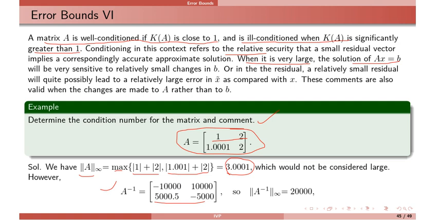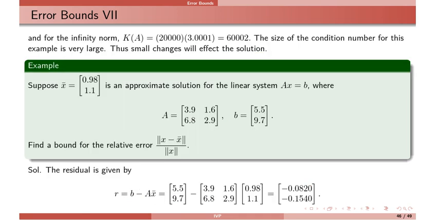So A inverse has large entries. And what will the norm of A inverse be? Add the first row: 10, 10, 20,000. That is the bigger one, and then add the second row: 5,000, 5,000, 10,000 approximately. So the norm of A inverse is, sorry, 20,000.